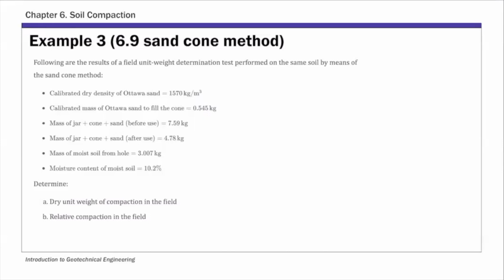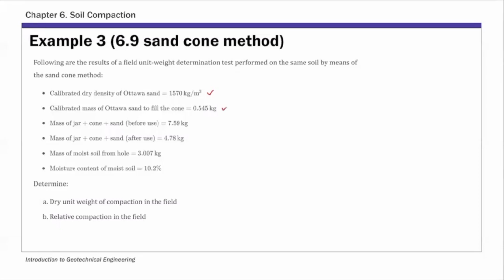First, this is the dry density of Ottawa sand. That's the material I said you know the density of: 1560 or 1570 kilograms per meter cubed. And then the cone.